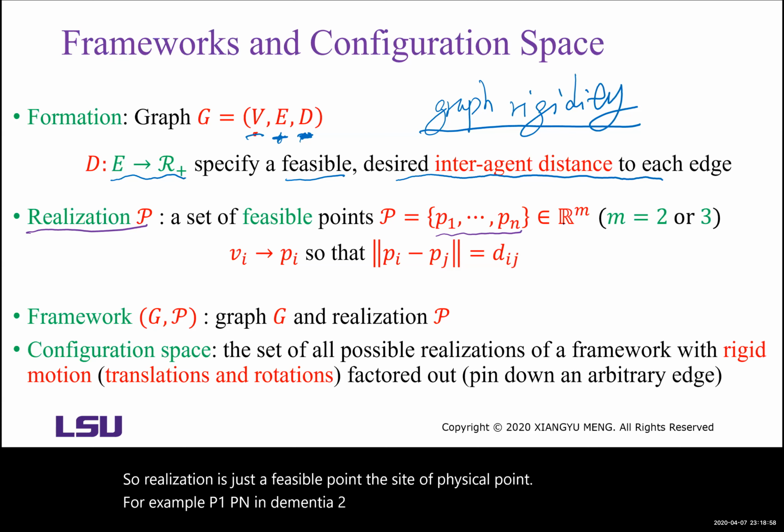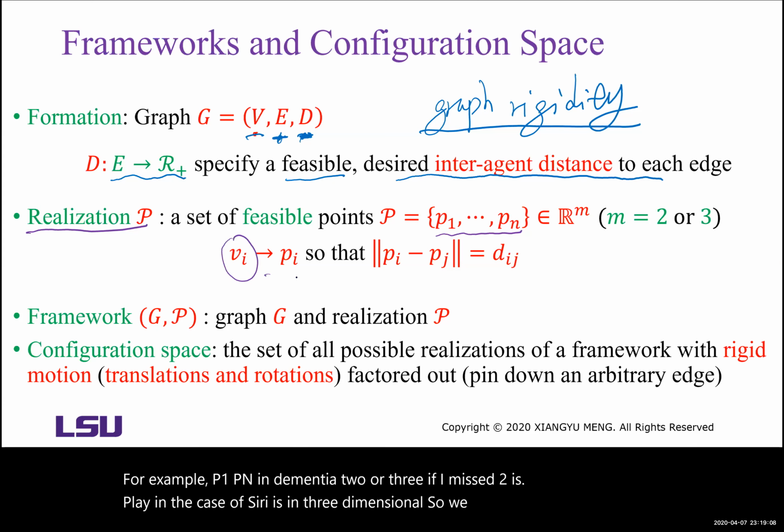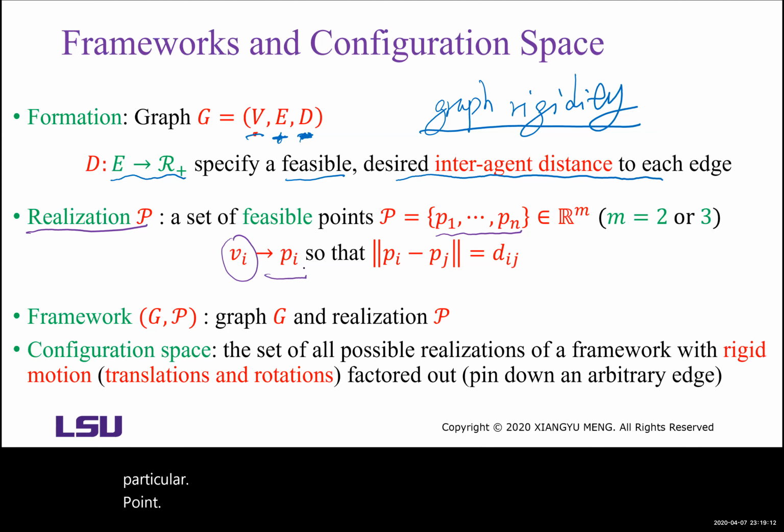If it is 2, it's the planar case. If 3, it's three-dimensional. So we assign each agent to a particular point so that the distance constraint is satisfied.